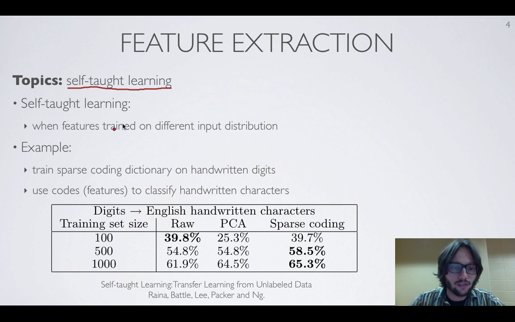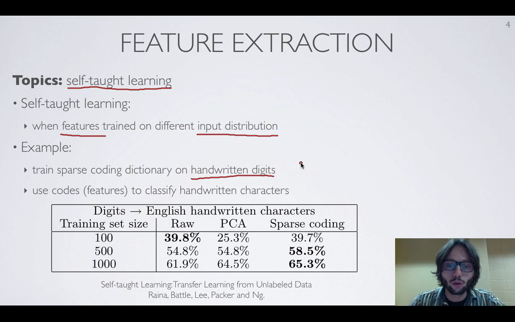So in self-taught learning, the idea is that we want to train some features, but on a different input distribution, because we might have more data from that input distribution than from the distribution for which we actually want to solve a particular, say, classification problem. So here's a concrete example. Imagine I had a lot of images of handwritten digits, and that those were not labeled.